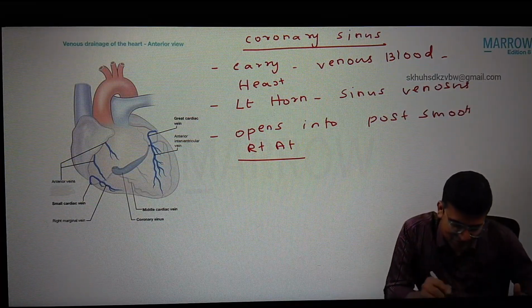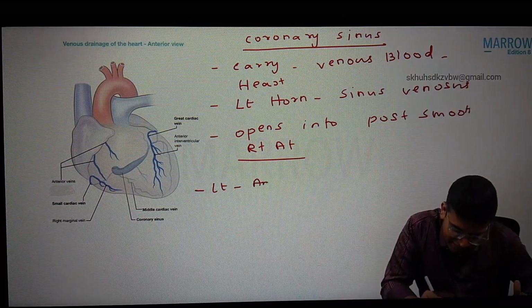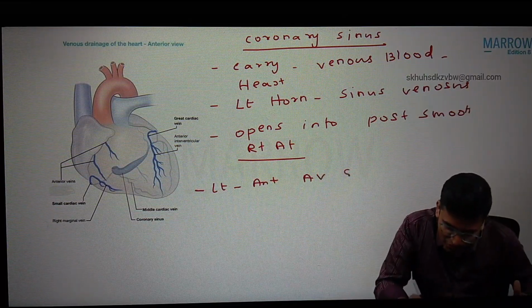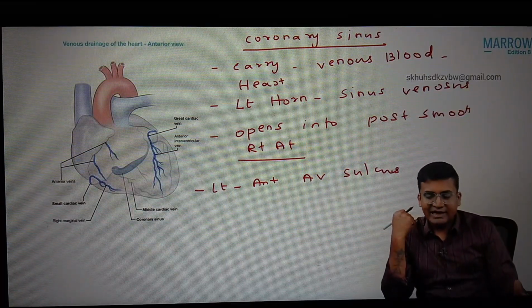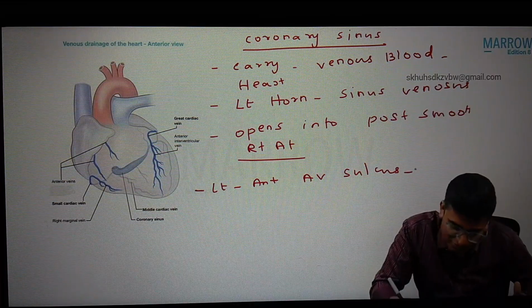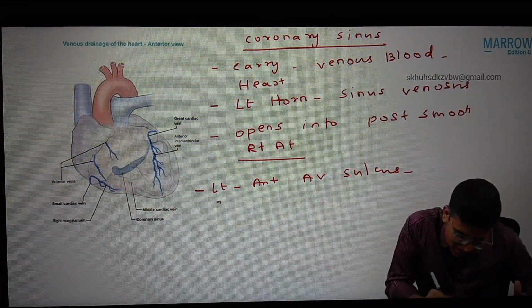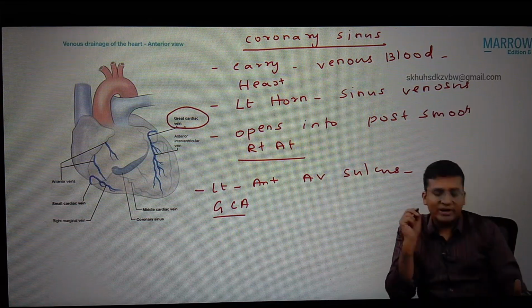The coronary sinus begins at the left anterior atrioventricular sulcus. After the origin, it receives the great cardiac vein.